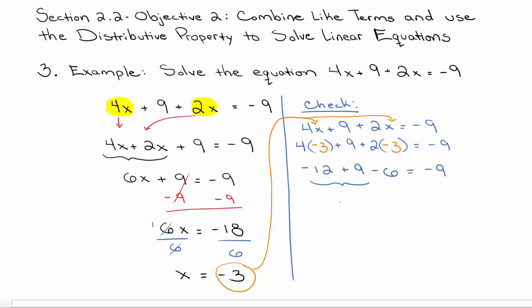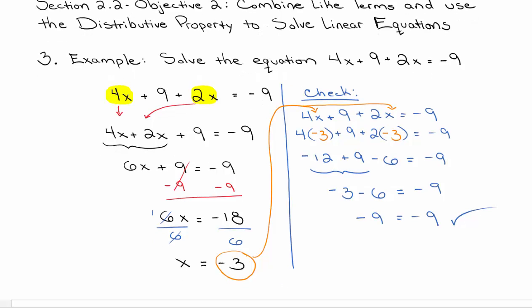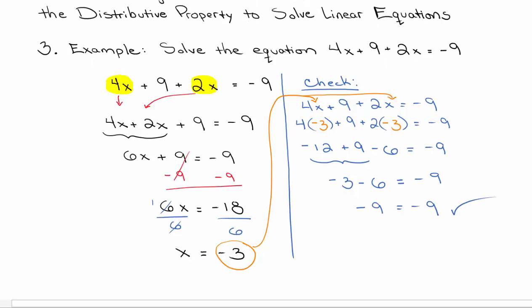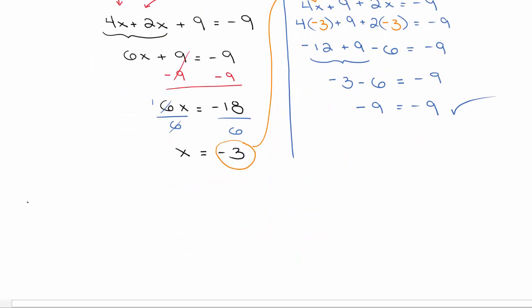Negative 12 plus 9 is going to give me negative 3, and negative 3 minus 6 is going to be equal to negative 9. So this is true. Therefore, that tells me that negative 3 is the solution to this equation. So I'm just going to go ahead and write it as a solution set inside a set of braces, and that's it. We're done.